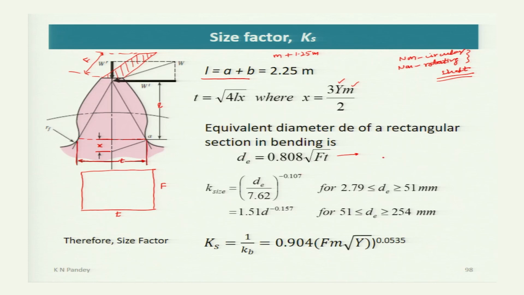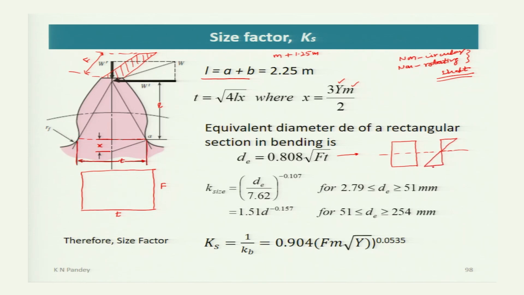This equation was found by comparing the 95% or more than 95% of the maximum stress, and which section it acts on. That means, let us have a rectangular section, and on this rectangular section, if a bending moment is acting, the bending stress distribution will be something like this.